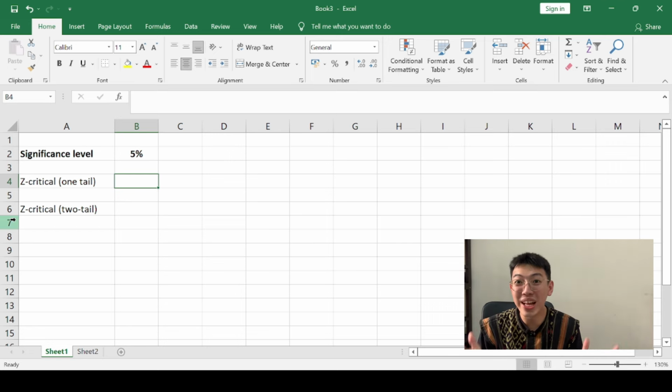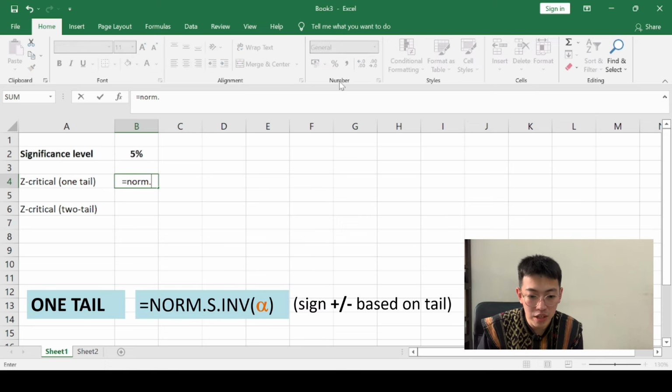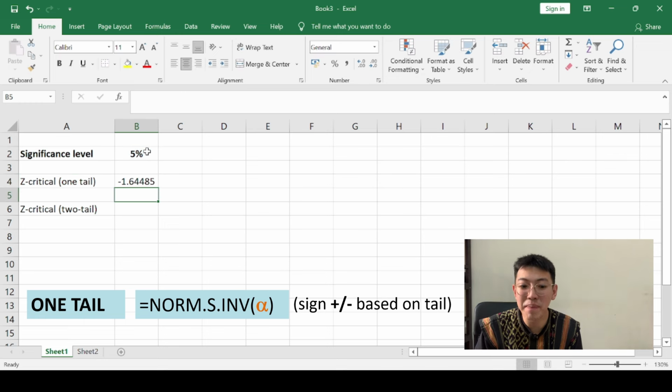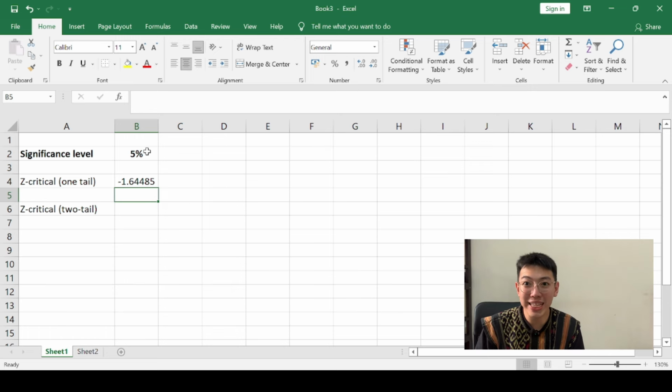If it is a one-tailed test, the formula will be like this: equals NORM.S.INV, open bracket, the significance level, close bracket. The Z critical will be minus 1.64485.